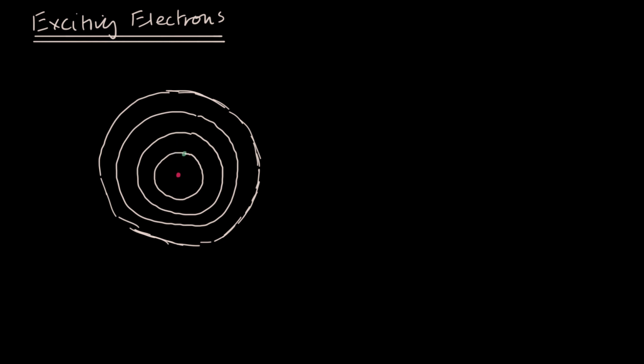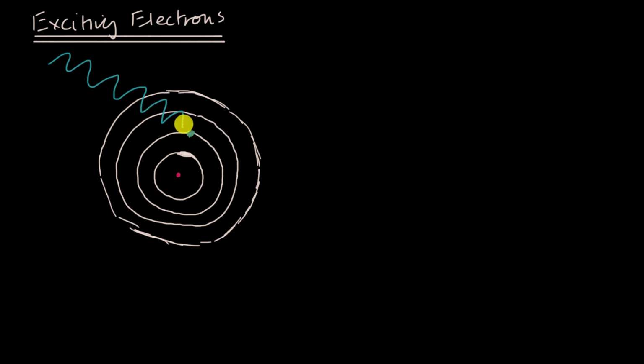Now let's say we're dealing with a hydrogen atom where the electron has already been excited a little bit. So instead of it being in the first shell, it's already in the second shell right over here. And we're going to hit it with a photon that excites it even more. We know that light has both particle and wave-like properties. When we think of it as a particle, we think of it as a photon, but I will depict it like this.